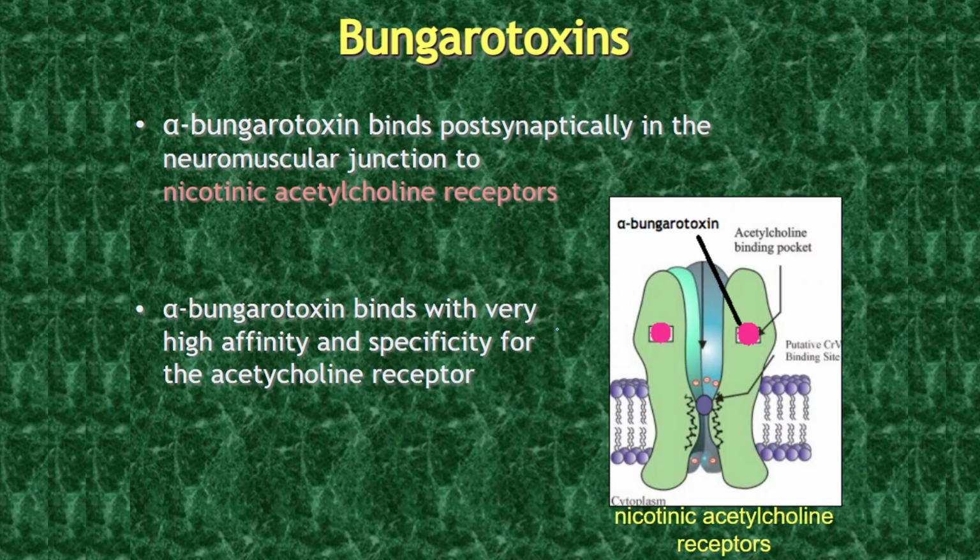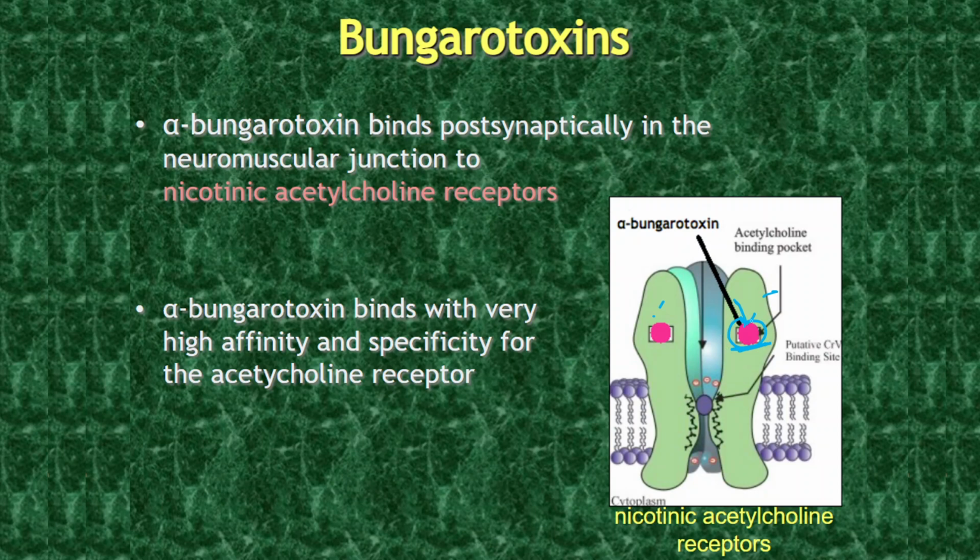As you can see here, this is the acetylcholine receptor, and this is the acetylcholine binding pocket. In the acetylcholine binding pocket, what is alpha bungarotoxin going to do? It's going to come and bind at this pocket.